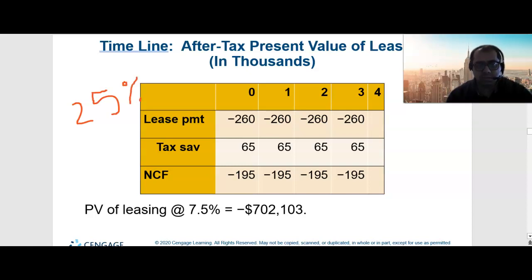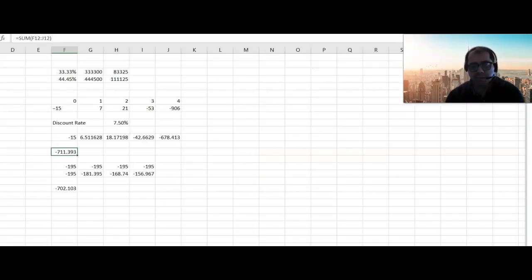So 25% is our marginal tax rate, and we don't have to pay taxes on this $260,000 worth of our lease expenses, right? And that's how we get the 65,000. So the net cash flows from lease every period is this negative $195,000. And again, if you calculate the present value of all these lease payments, you get the 702,103 that is given here.